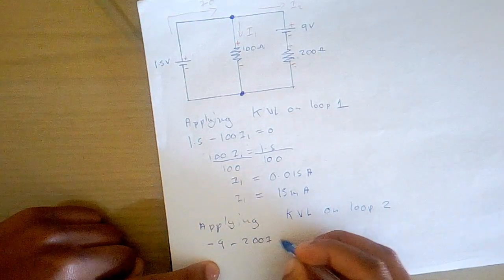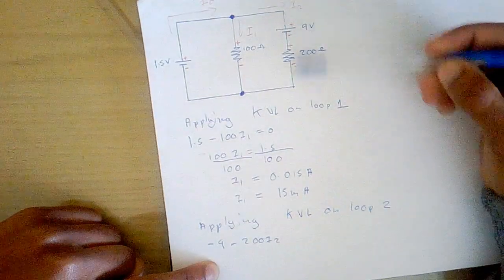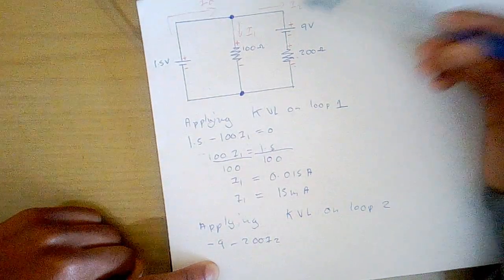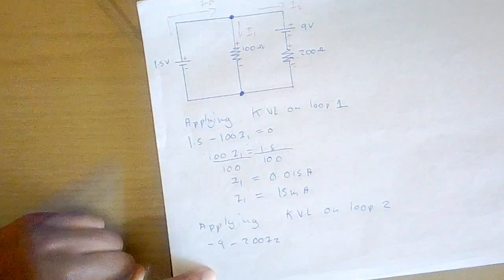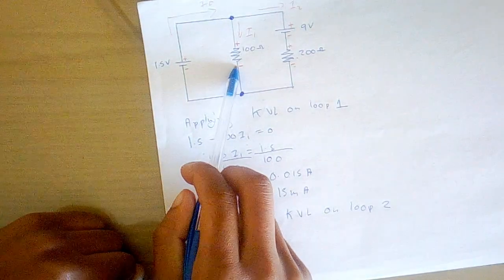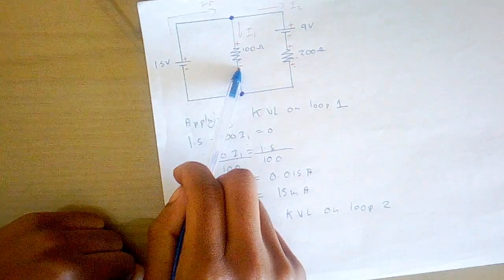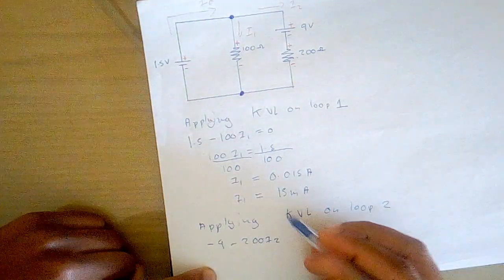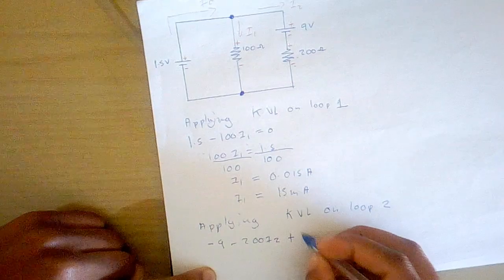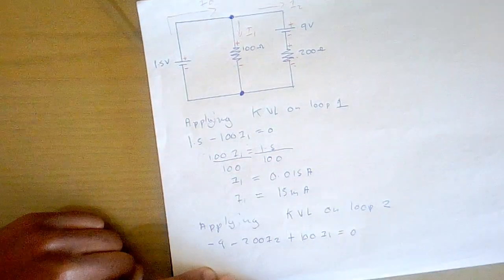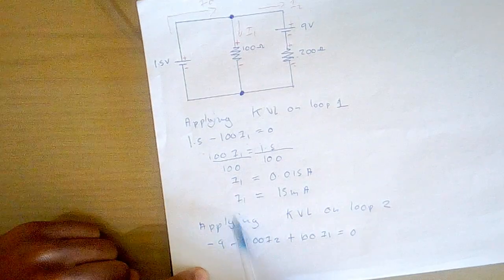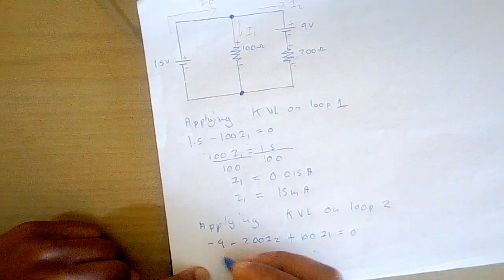And it goes with I2. As you can see from this side, the current flow is I2. And then we go on this resistor, you can see that its voltage starts from negative to positive, so therefore it takes a positive sign. And I1 equals to 0. Since we already know I1, you can just substitute it.